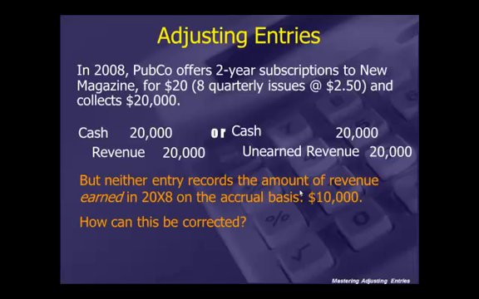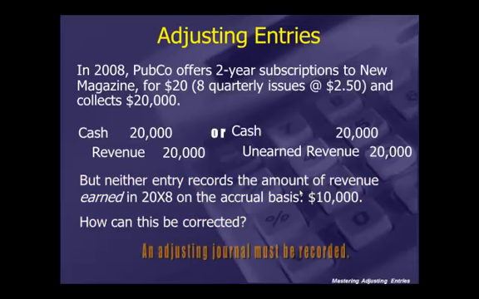So in order to be looking at this from an accrual basis, we need to have the revenue for 2008 showing $10,000 because this is for 2 years. Half of the 20,000. So that would be 10,000. So we have these two options. We need to figure out how we can report this. So we need to have what is referred to as an adjusting entry.